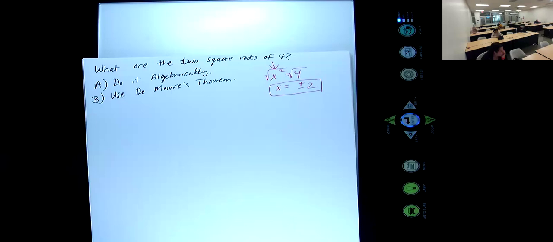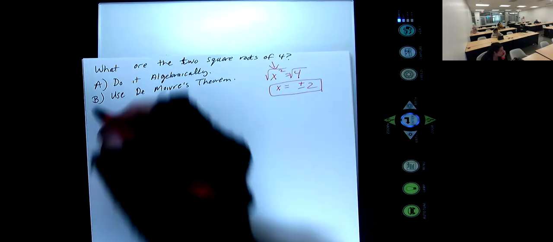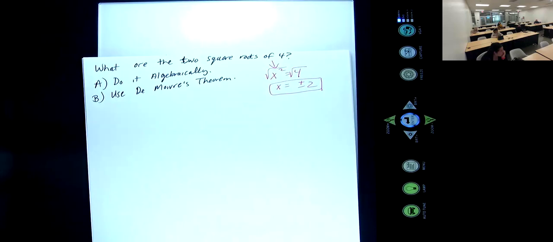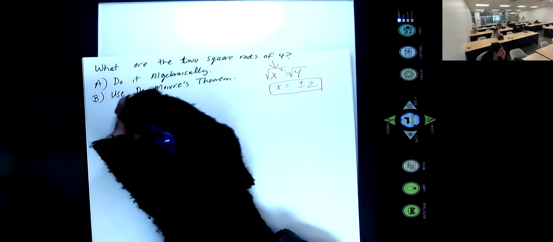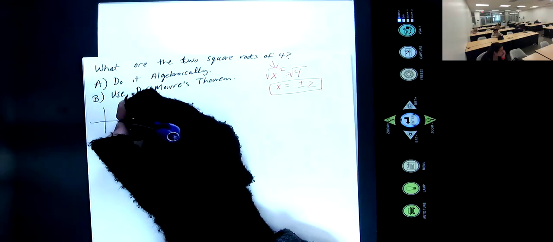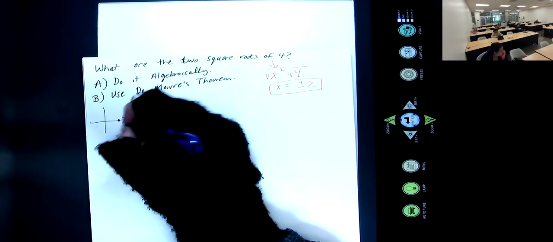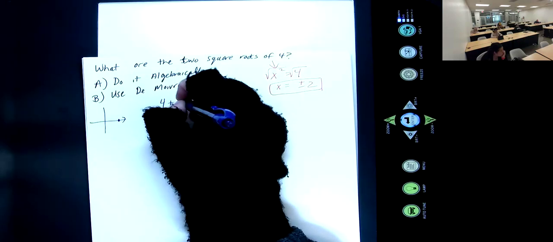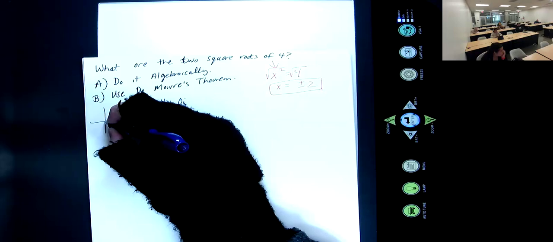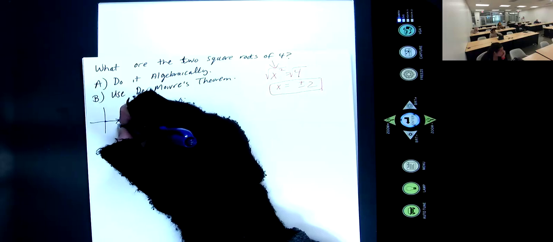Alright, now let's do it with de Moivre. Let's rewrite 4 in terms of r cis theta, showing a picture of where that is in the complex plane. That was 4 plus 0i, so we're over here at (4, 0).